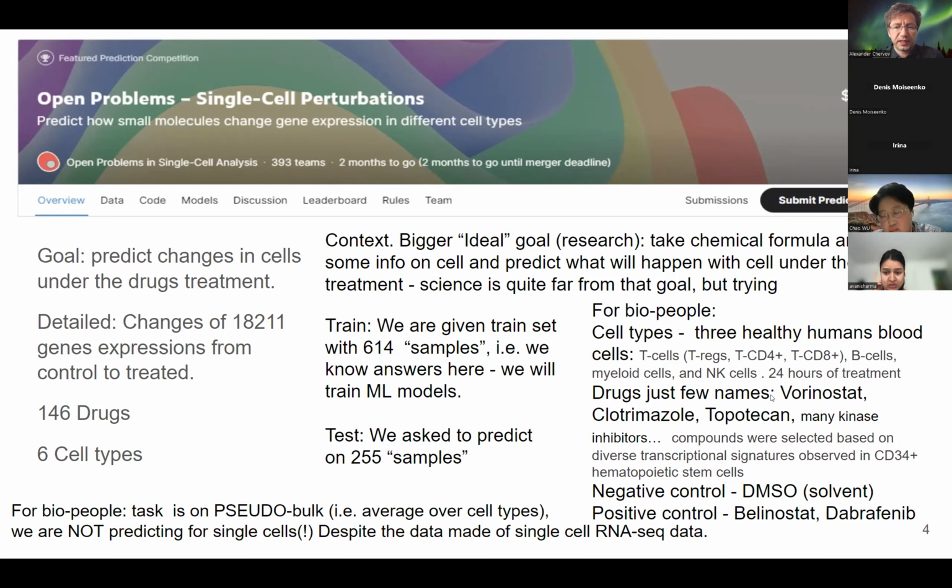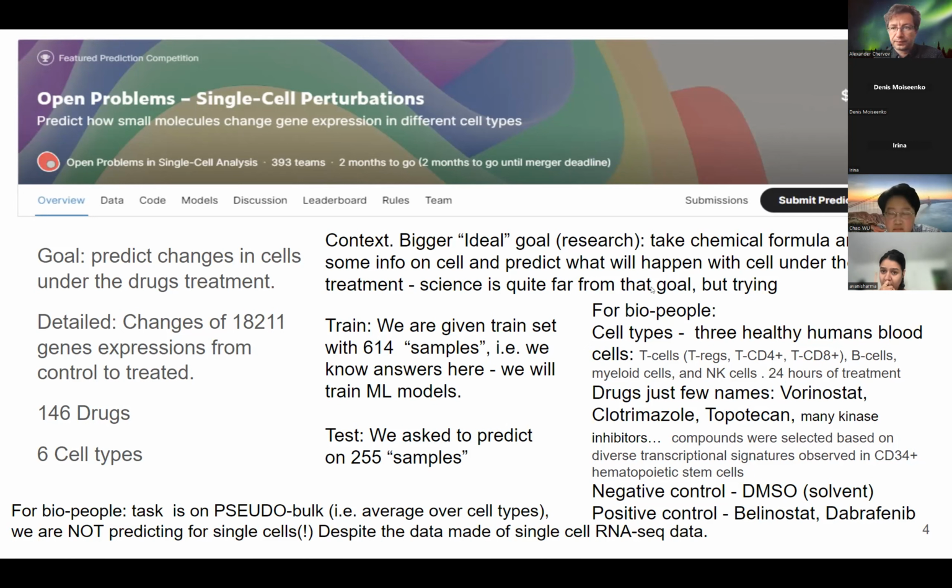Some names of the drugs: vorinostat, clotrimazole, topotecan. There are many kinase inhibitors, and there are 2 controls. One is the negative control, DMSO, which is a solvent, and the positive controls are belinostat and dabrafenib. These are drugs for which we know they have a very strong effect, so they were selected as positive controls.